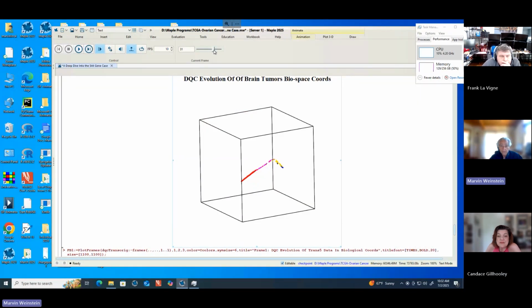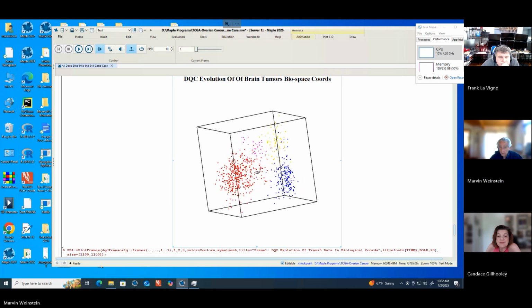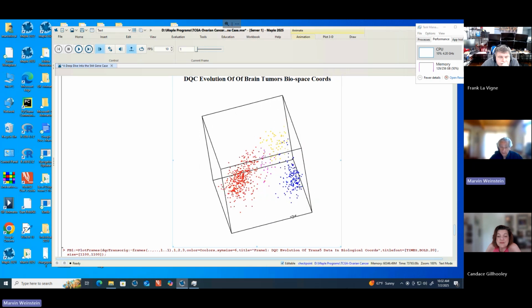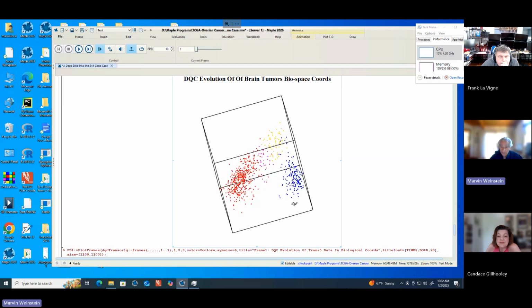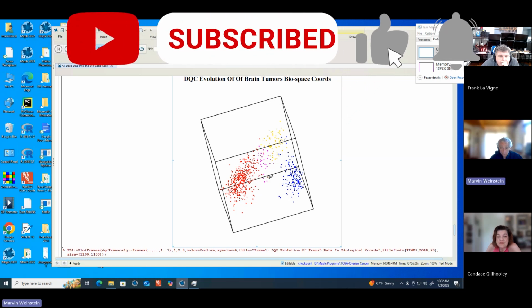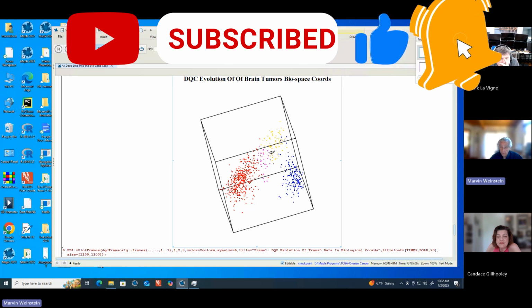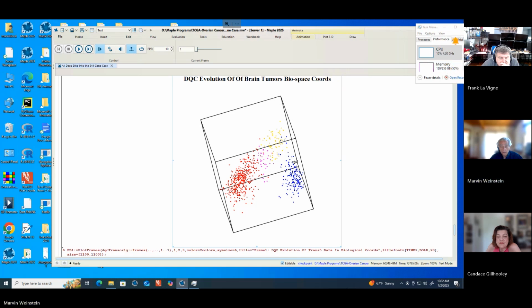So the axes you see here are DQC's plotting of the cancers in a six-dimensional biospace. What I want you to see, blues are glioblastomas, reds are the lowest grade gliomas, magentas are the next lowest grade gliomas, and the golds are closest to the glioblastomas.